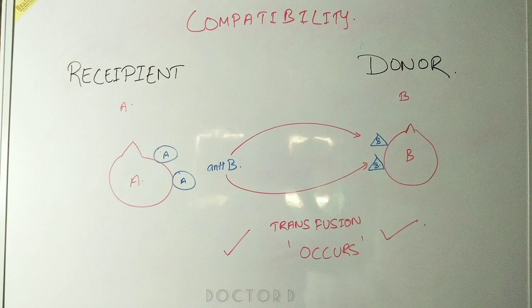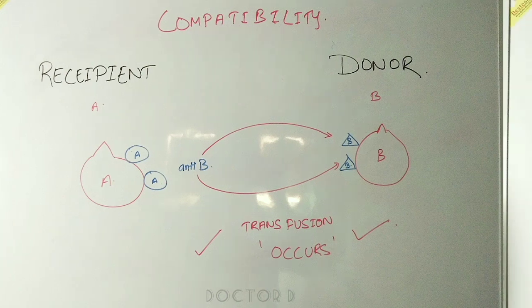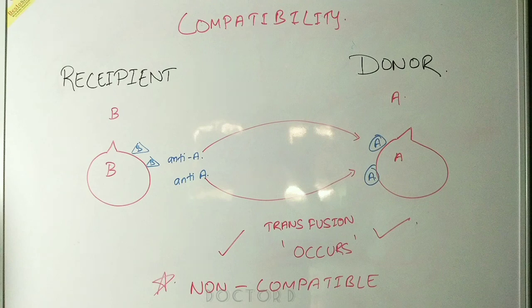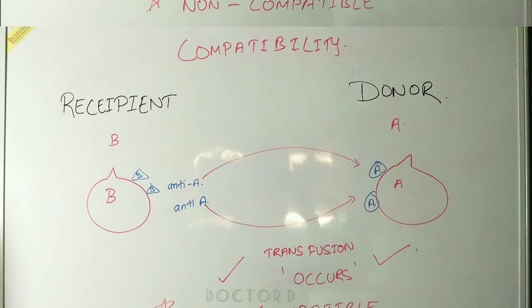Hence, a transfusion reaction occurs. Moving on to the third example, the recipient has blood group B and the donor has blood group A. Hence, the recipient has anti-A antibodies in its plasma and the donor has A antigen on the surface of RBC. Hence, the transfusion reaction occurs again and they are non-compatible.